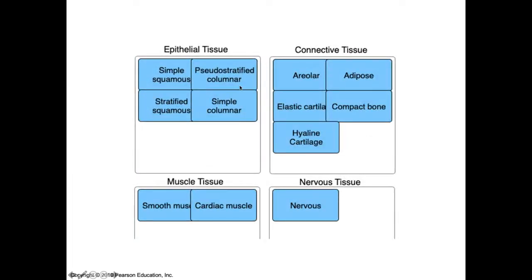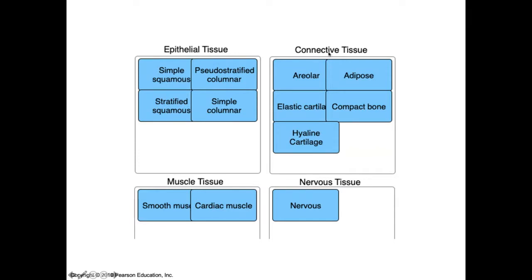Again, I've seen it pop up in a different way when they have these 4 topics: epithelium, connective, muscle, nerve. And under epithelium, you have to drag and drop the different types of epithelium. So simple squamous, stratified squamous, simple columnar, and pseudo-stratified columnar.